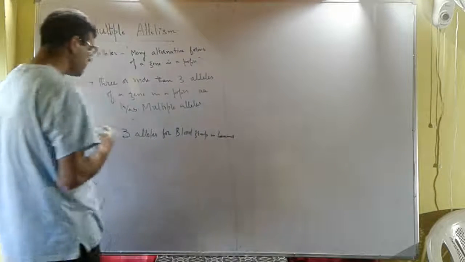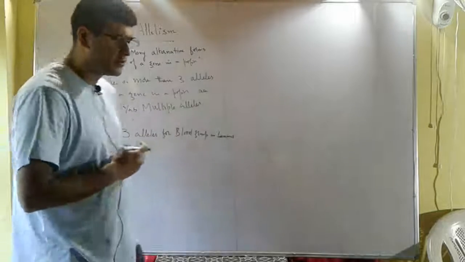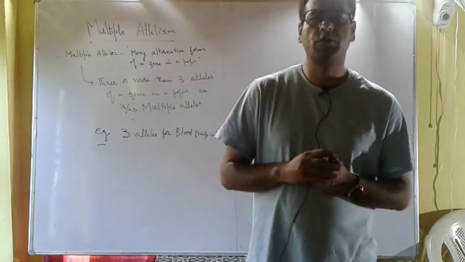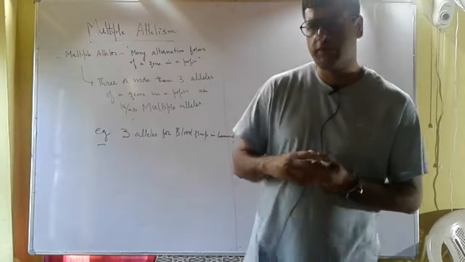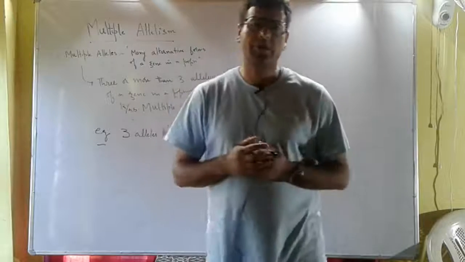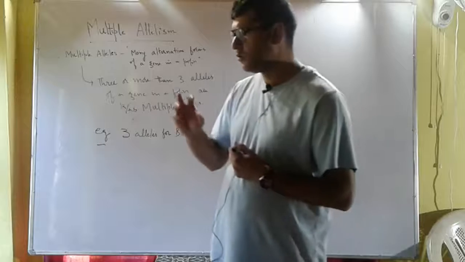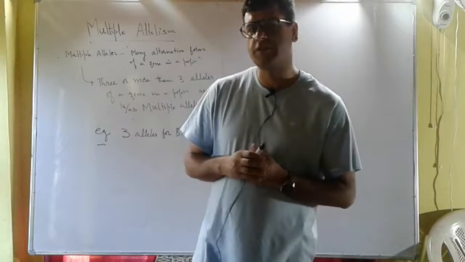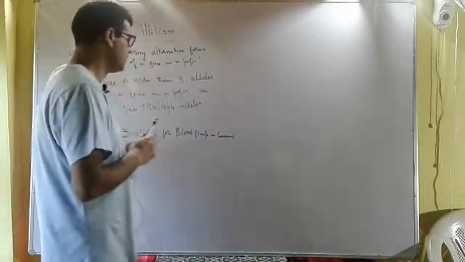In humans, blood group is controlled by a gene which has three alleles. So more than two alleles of a gene in a population constitutes multiple allelism.